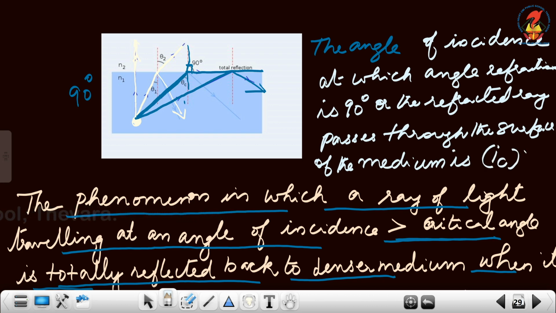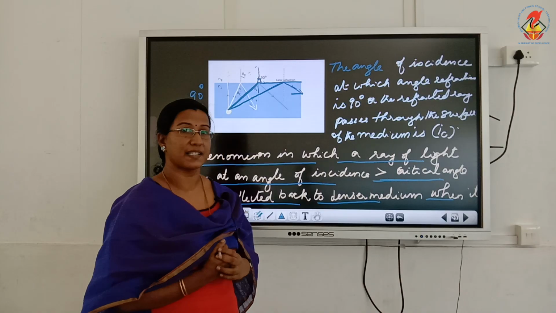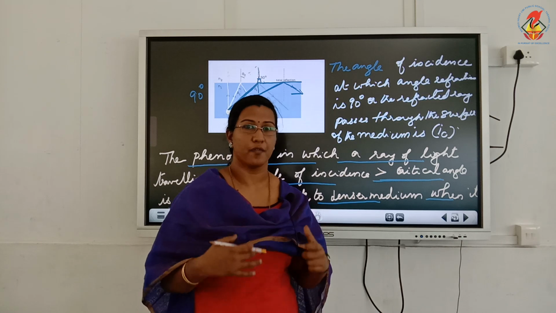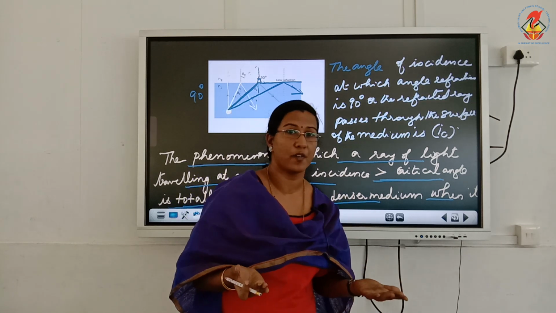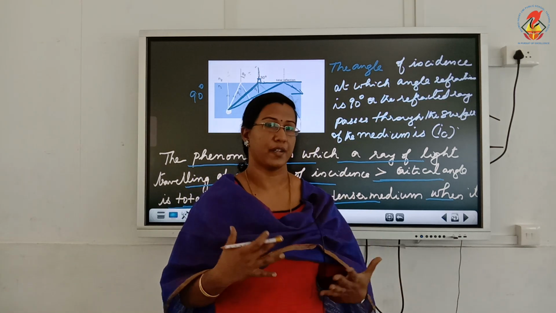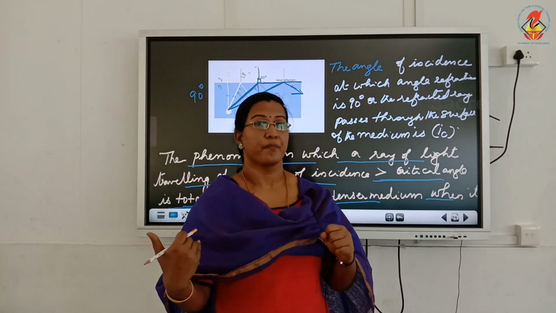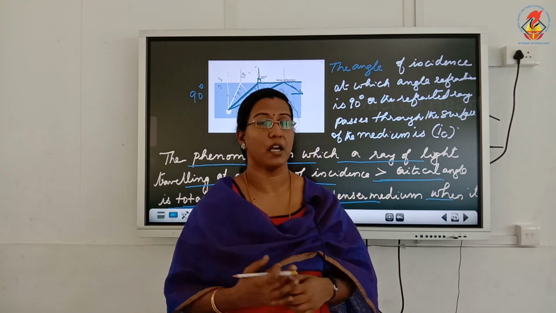The angle of incidence for which the angle of refraction is 90 degrees is known as the critical angle, and if we increase the angle of incidence above the critical angle, the entire ray will be reflected back to the denser medium without any refraction to the rarer medium.